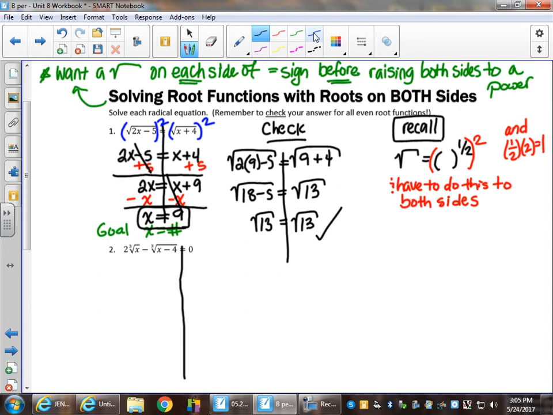So I'm going to add this entire term to the other side. I see that it says minus the third root of x minus 4. So I'm going to add the third root of x minus 4 to both sides.